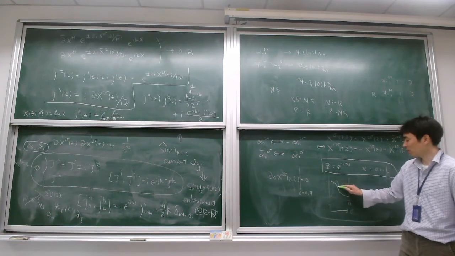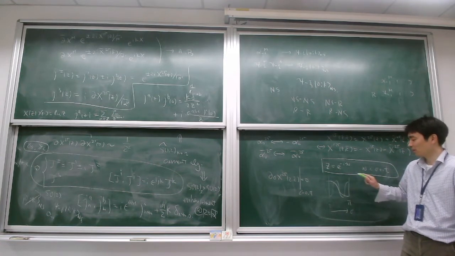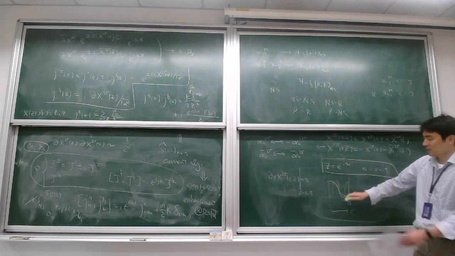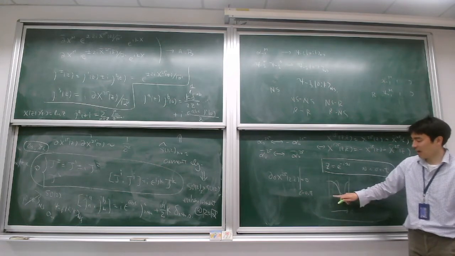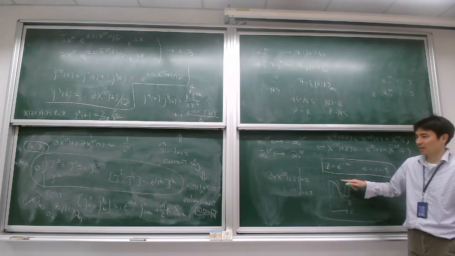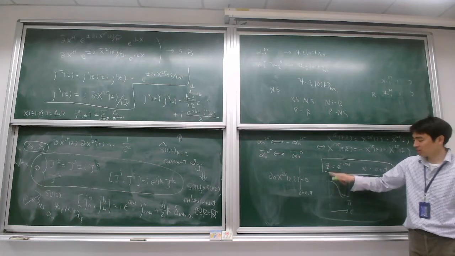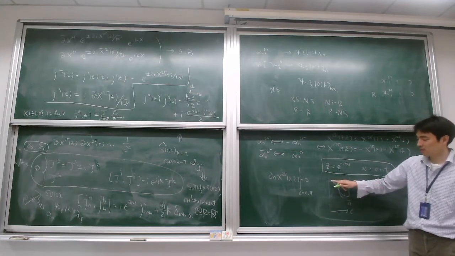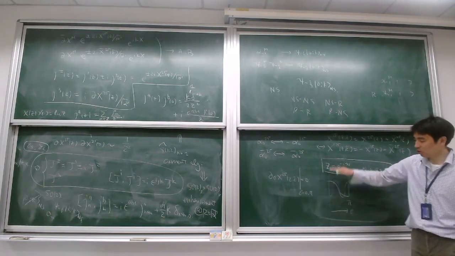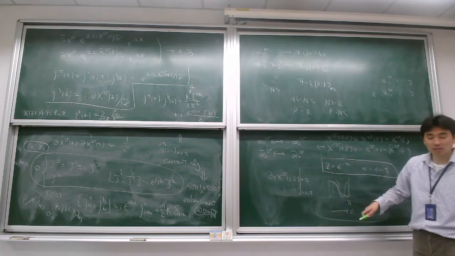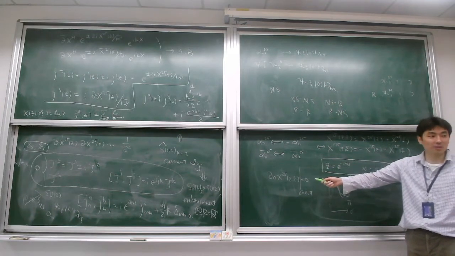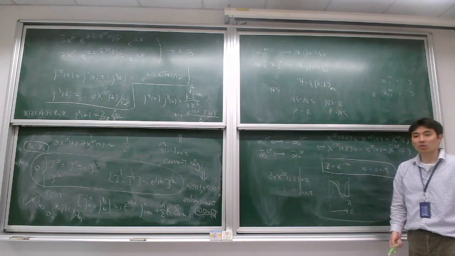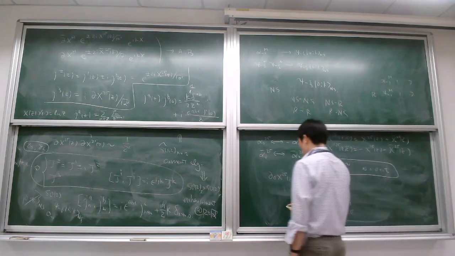It always ends at 0 and pi in the normal direction, so it just oscillates. So therefore, which boundary condition is it? Neumann. Good. This is Neumann.